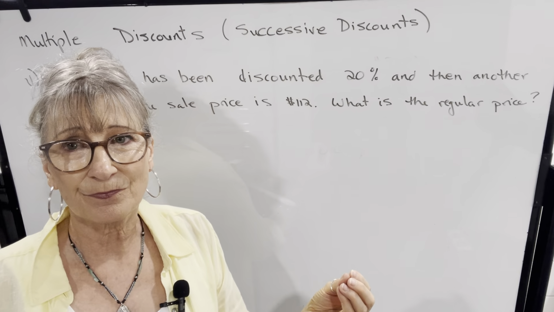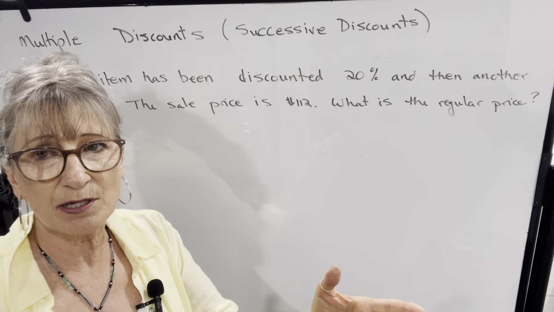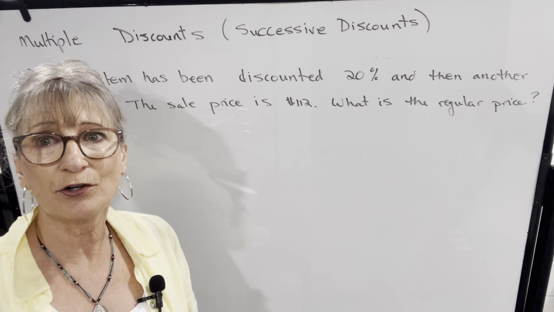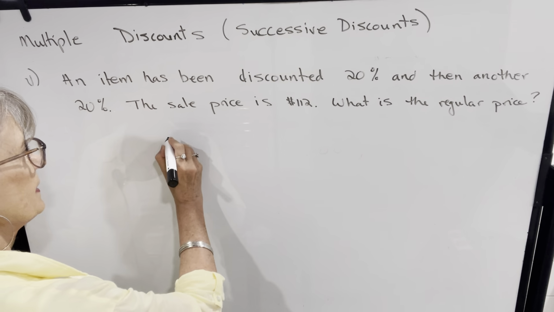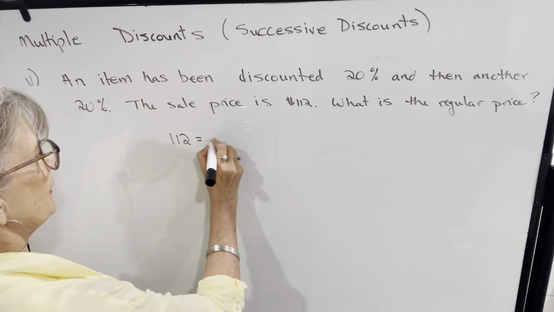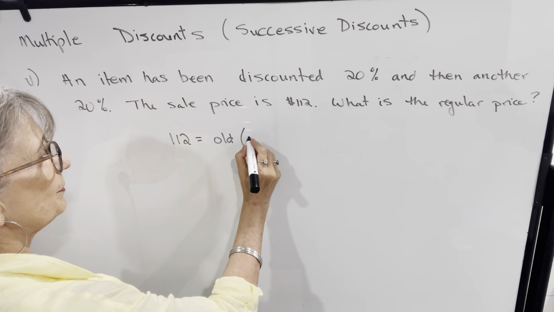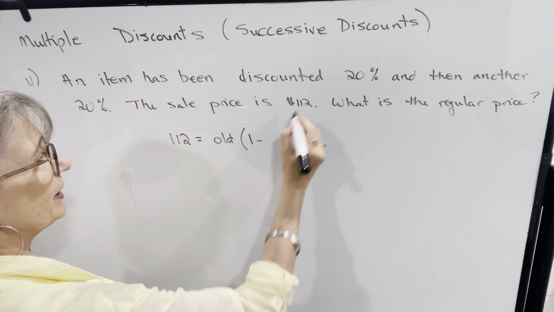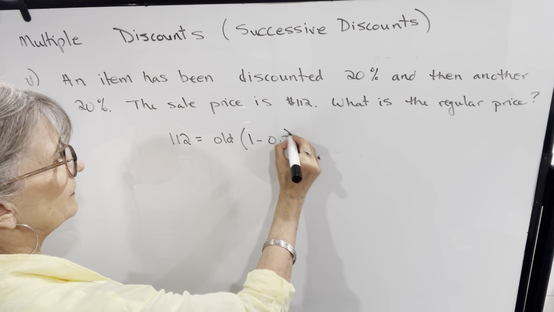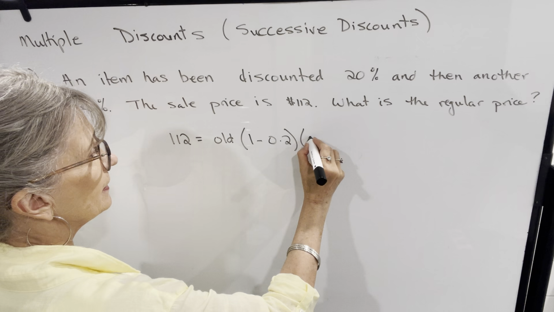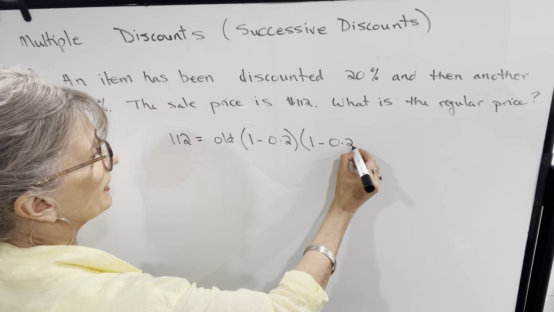So in order to solve this, I'm going to still use my same formula or my same technique, but this time I know the new price and not the old price. So the new price is $112. I don't know the old price, but I take that value and I multiply by 1 minus 20%, so 1 minus 0.2, and then another discount of 20%, so 1 minus 0.2 as well.